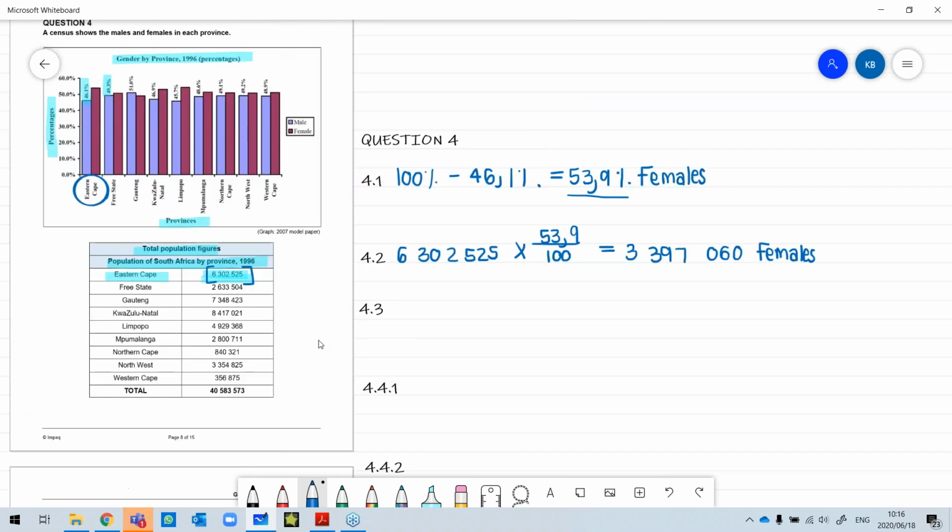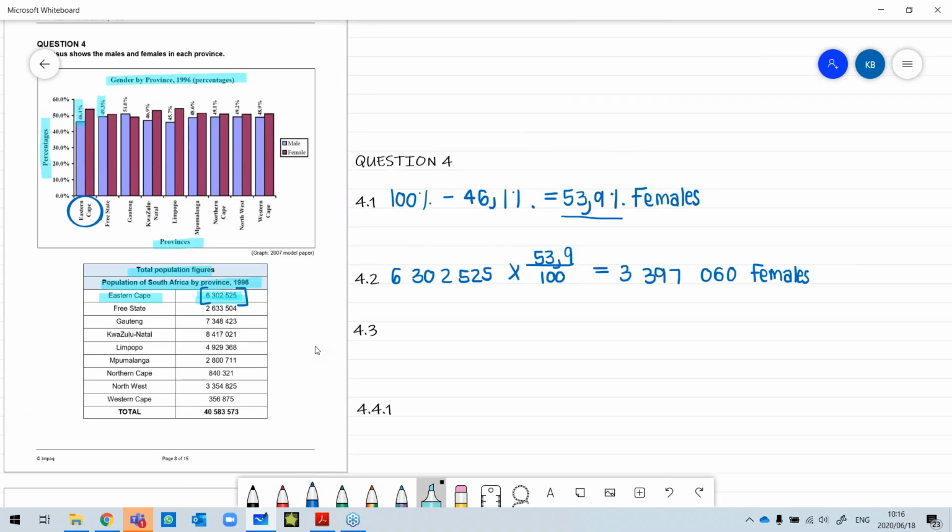So first of all, let's have a look. I'm just going to grab another color highlighter here. First of all, working with Gauteng and KwaZulu-Natal males. Over here, it's going to be over there. That's the information that we are going to be working with. So first of all, the men in Gauteng consists of 51.0% of the population.